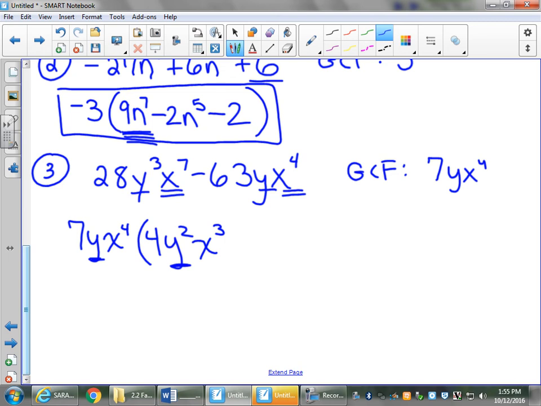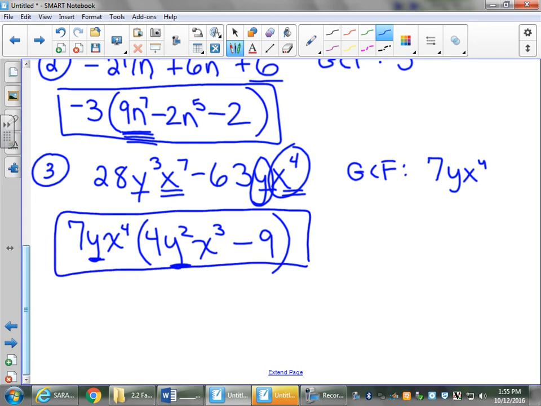In the second term, I'm going to have minus 9, because 7 times negative 9 is negative 63. The y has been factored out, so it's no longer there, and we also factored out all 4 of the x's, so there's nothing left in the parentheses. And there is our final answer.